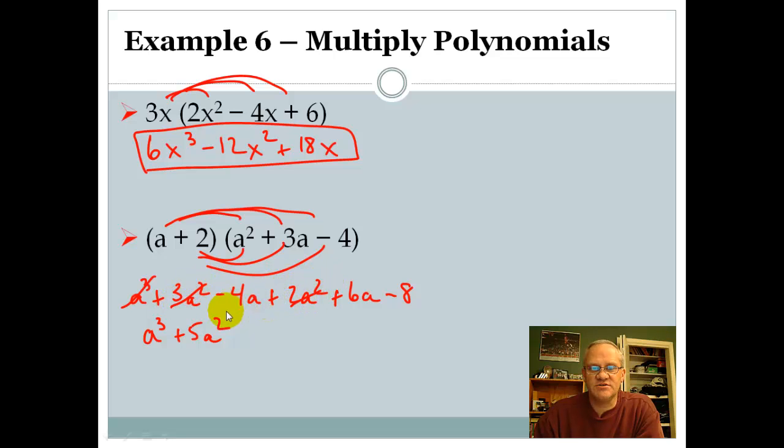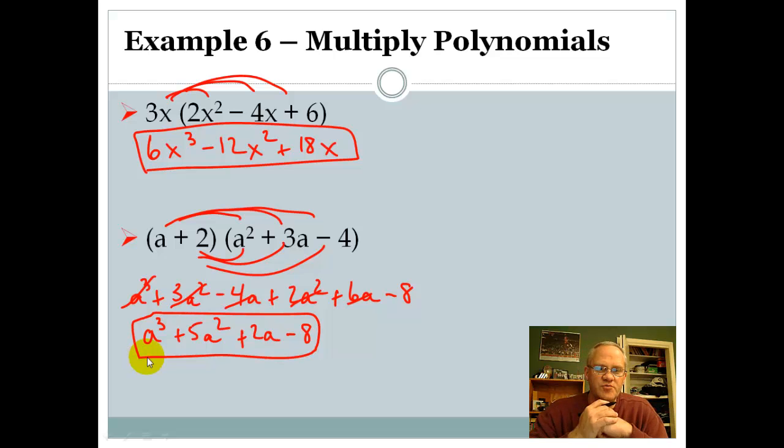That's when it's multiplying, it changes. Negative 4a and 6a is 2a. And negative 8, there's nothing to combine that with, so it stays like it is. A to the third plus 5a squared plus 2a minus 8 is our answer. And again, we've done that before, so this shouldn't be anything totally new to you.